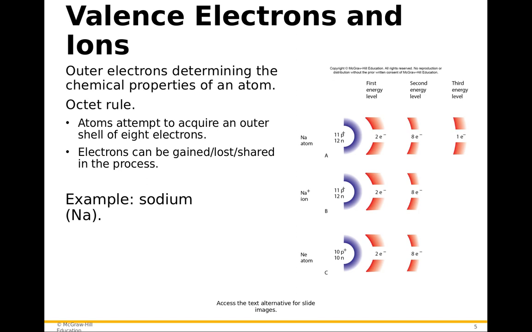They're stable because they have 8 electrons in their outer energy level, or 8 electrons in their valence shell. The atoms can either gain electrons, pull electrons from some other source, or they can lose electrons. Something might pull an electron away from that particular atom.